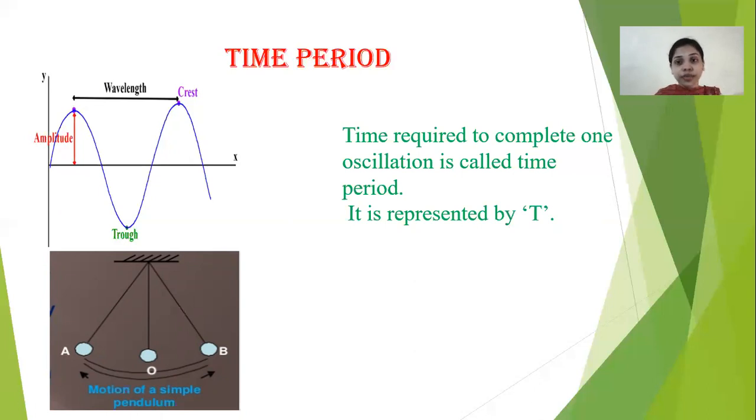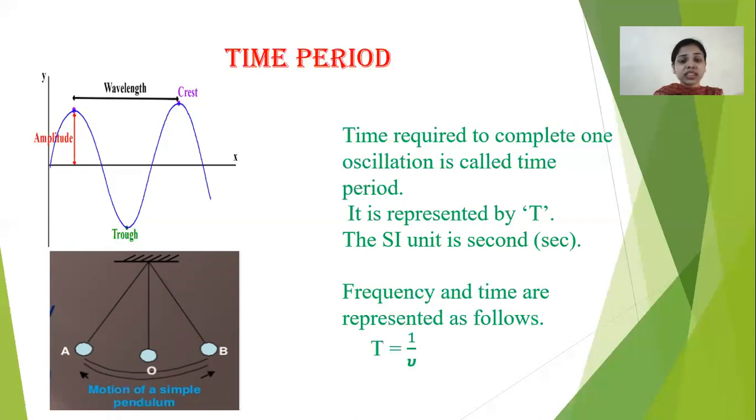And the time period means the time required to complete one wave, one cycle, or one oscillation. Whatever the time required to complete this one oscillation or one wave or one cycle is called its time period.